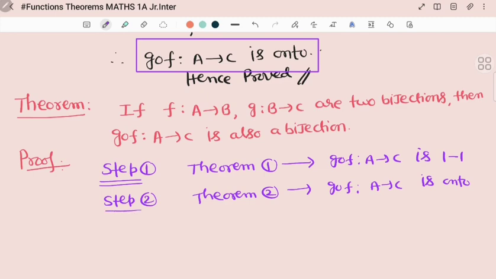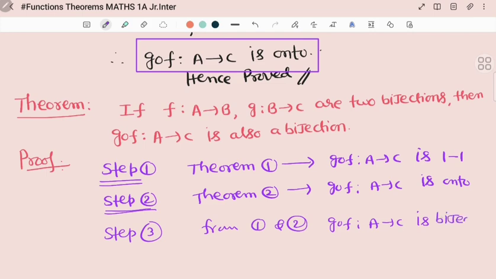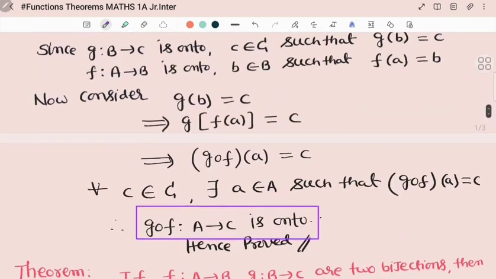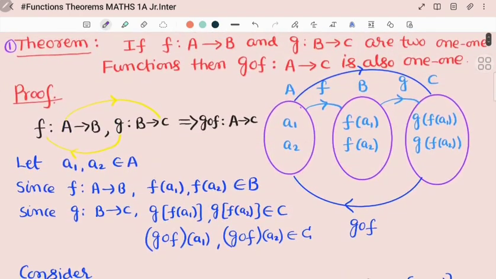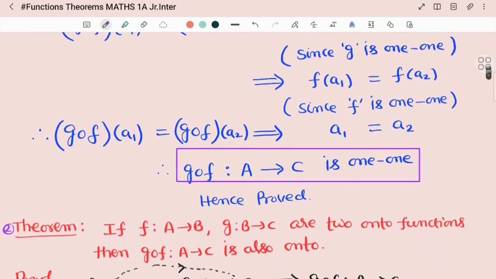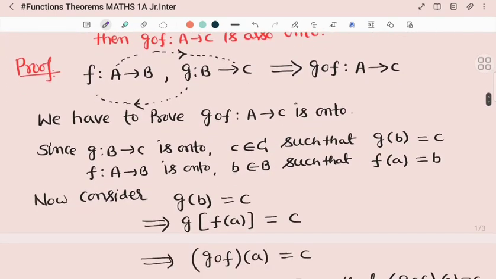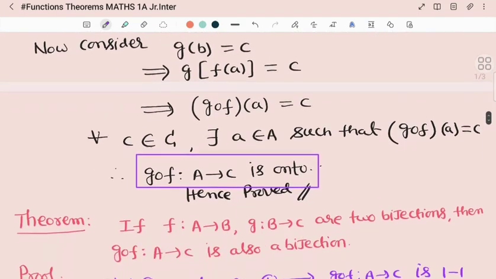So in step 3, from 1 and 2, step 1, step 2, from 1 and 2, g circle f from A to C is a bijection. So both the theorems combinedly, if you write, third theorem will come, dear students. I hope you understand. Slowly you can copy.